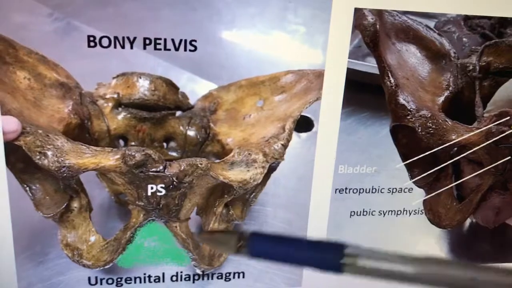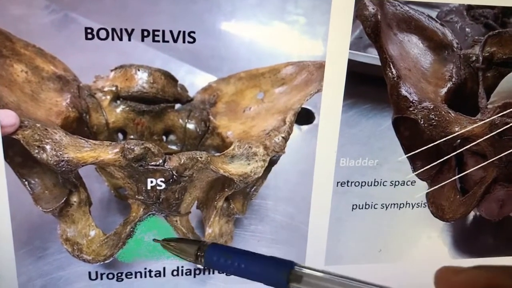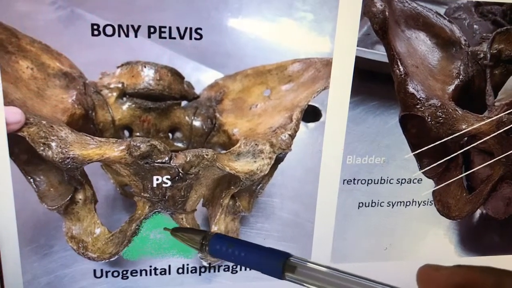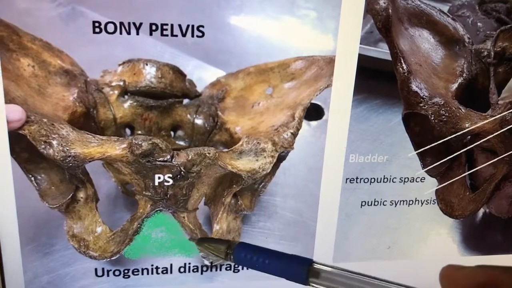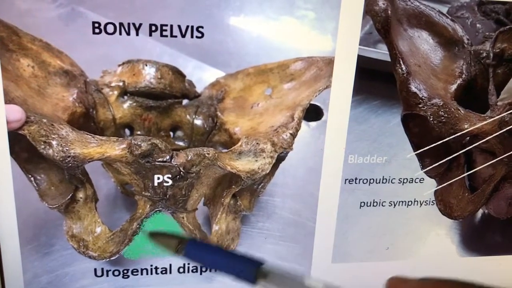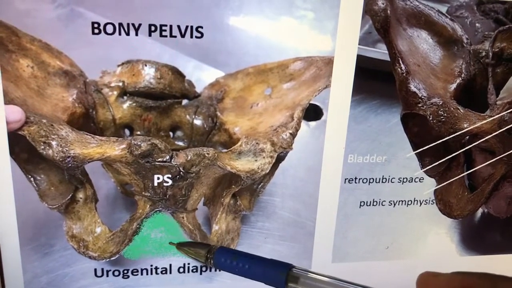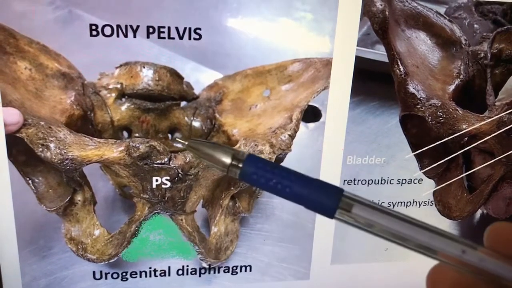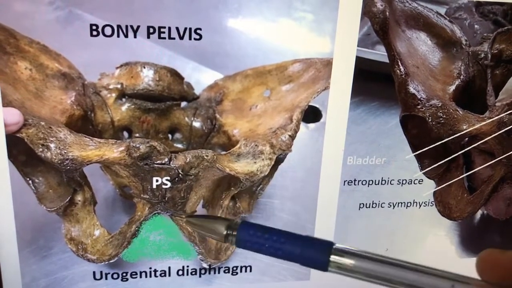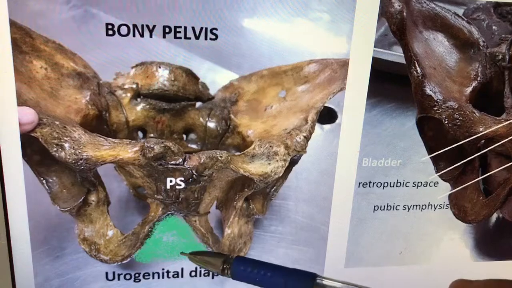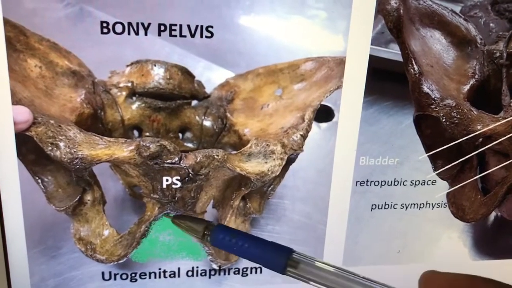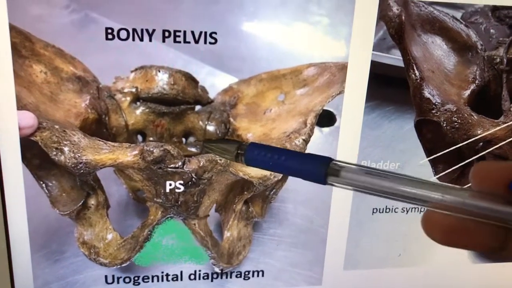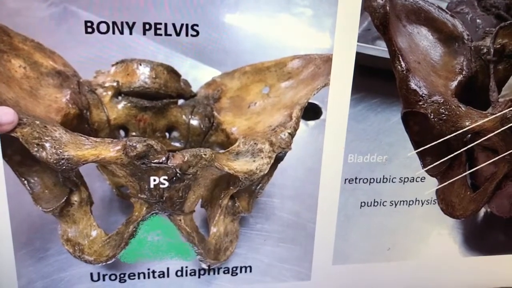First, this is about the bony pelvis. Already I showed you. The bony pelvis is open, and anteriorly the green color signifies that this is closed by a diaphragm. A diaphragm is a part which separates. Thorax and abdomen are separated by the muscular diaphragm, and here also it is separated. Inside is the pelvic cavity, outside are the genital areas.